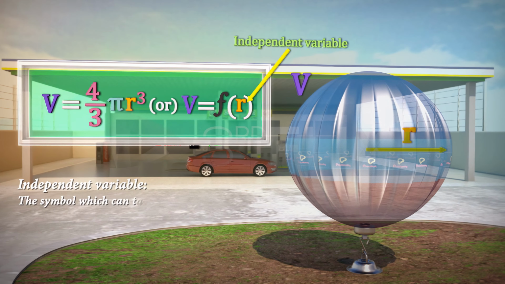Then, a rule f which associates each element of A with a unique element of B is called a function or mapping from A to B, and we write f maps from A to B. In other words, for every a belongs to A, there is b belongs to B such that the ordered pair (a, b) belongs to f, and no two ordered pairs in f have the same first coordinate, then f is a function.